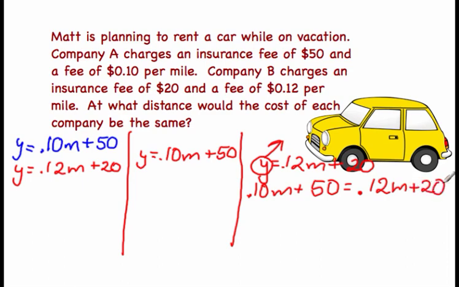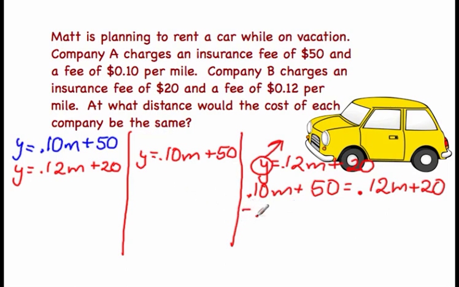Now we can solve for m. This is going to give us the miles at which both companies will cost the same once we solve for m.